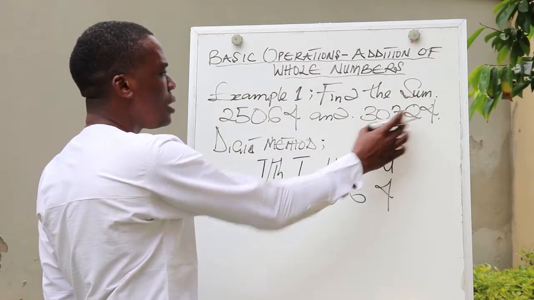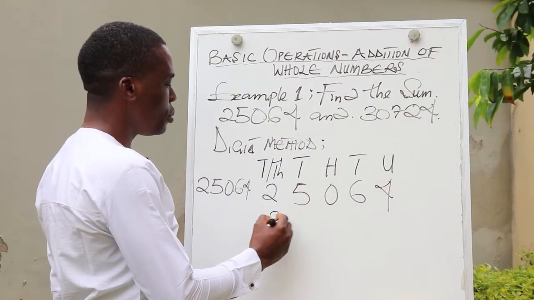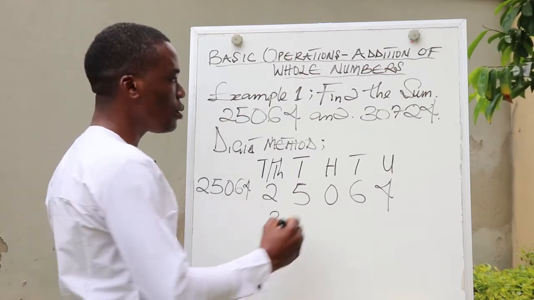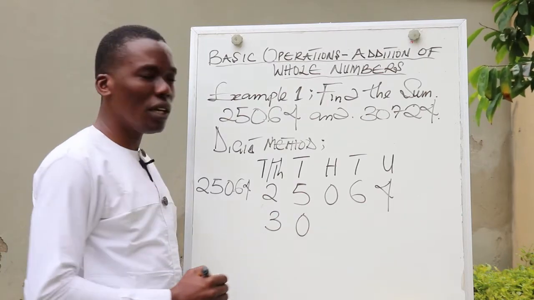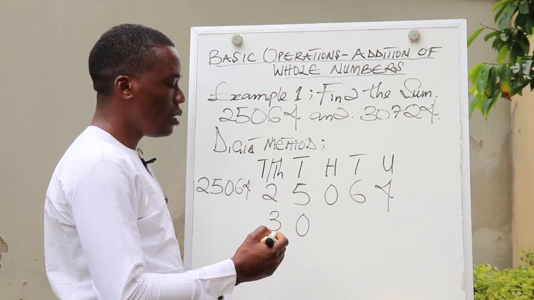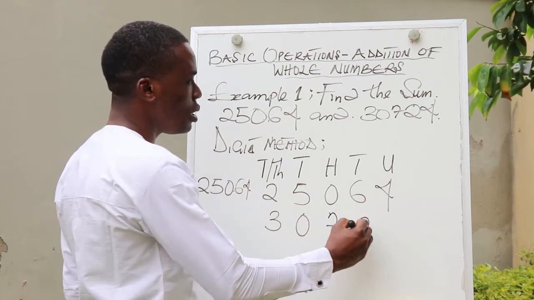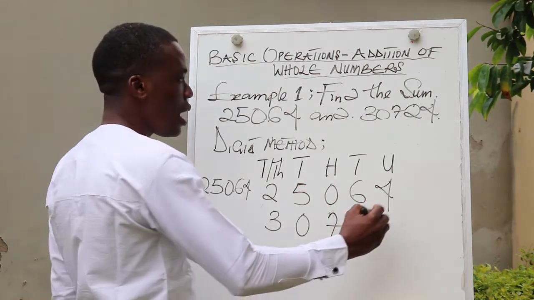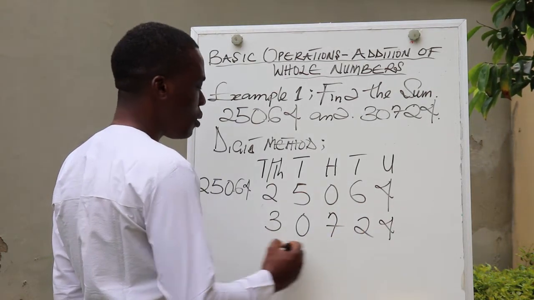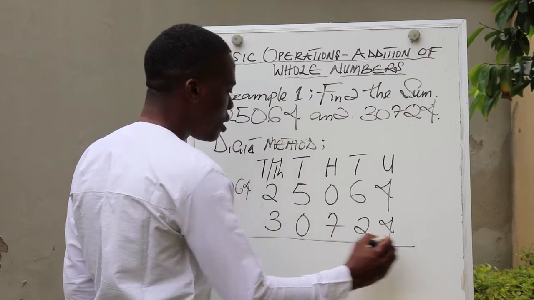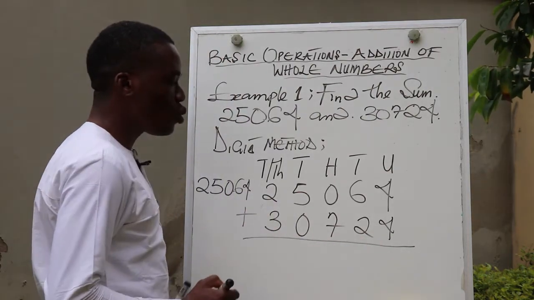Now we want to also write this other number that same way. The 3 is in the ten thousands, the 0 is in the thousands, the 7 is in the hundreds, 2 is in the tens, and finally 4 is in the what? Units. So we are asked to what? To find the sum of these 2 numbers.